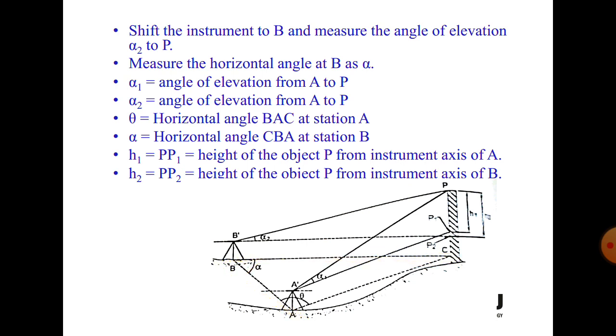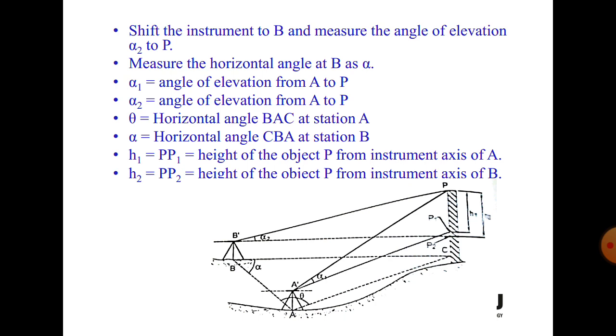So alpha 1 is the angle of elevation from A to P, alpha 2 is the angle of elevation from B to P, the horizontal angle BAC is theta, the horizontal angle CBA is alpha, and H1 and H2 we have already discussed.